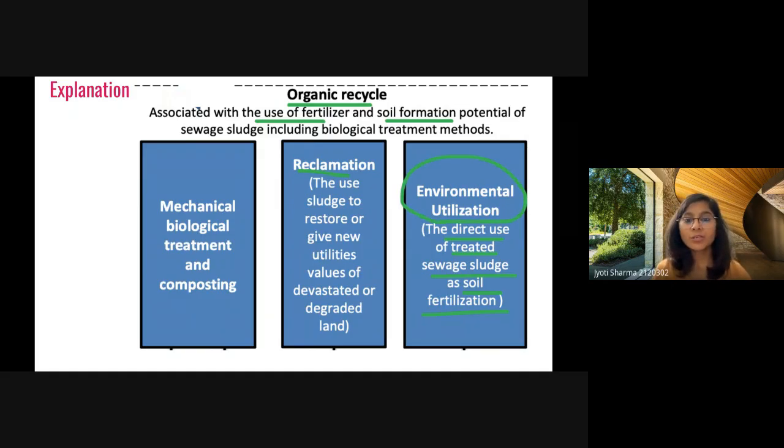Under reclamation, we can use that sludge to restore degraded land. Another category is mechanical, biological, and composting. So we can also use sludge as compost or as manure. We will talk about this, right?